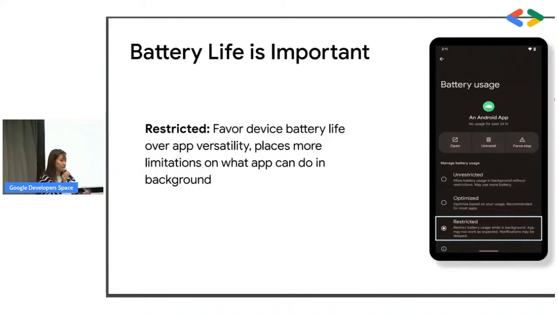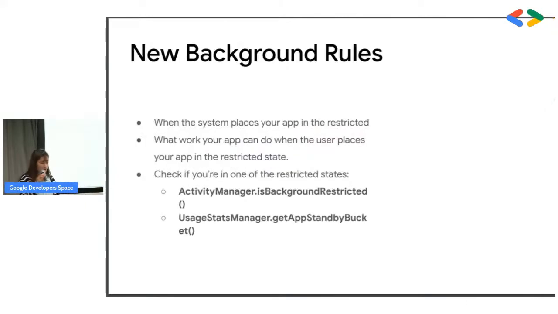Meanwhile, you can still do background work. If you want to check whether your app is restricted or unrestricted, you can use the new API called Activity Manager isBackgroundRestricted, or UsageStatsManager getAppStandbyBucket, to check where your app is.